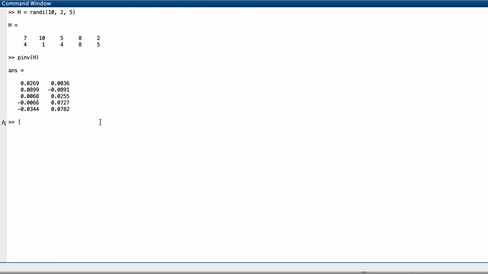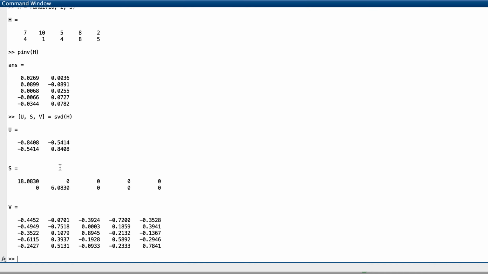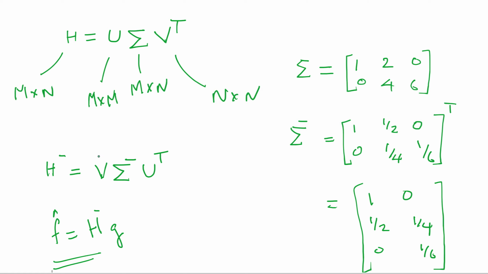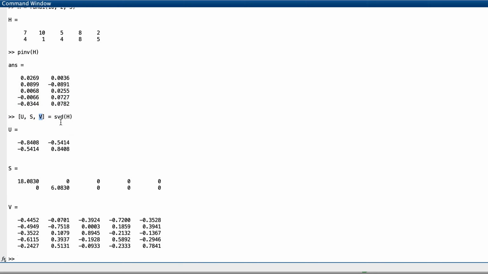So I'm actually storing the factors in the matrices U, S and V, that is U, sigma and V equal to the singular value decomposition, that is SVD of H. So this will be giving me three different matrices with these values U, S and V. So when you look at the value of V, even though the equation was V transpose, this function is giving us the value of V. So we do not want to take the transpose. So if you want to find the pseudo inverse, you can directly take that matrix V as it is.